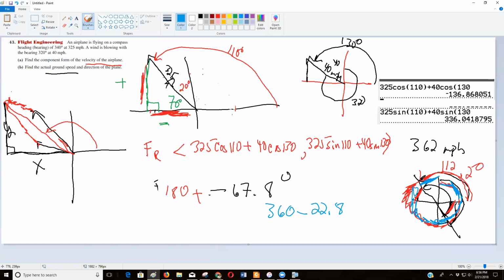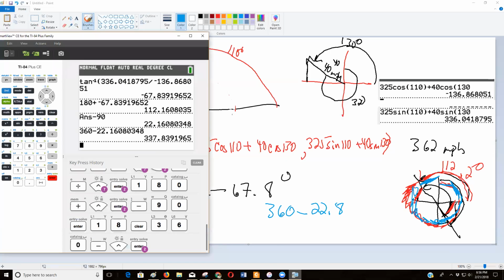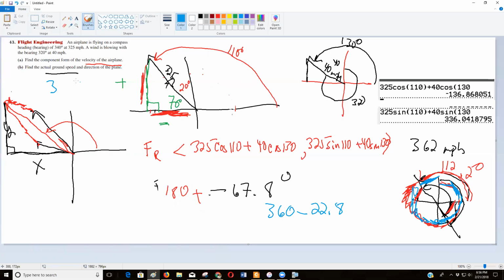They aren't telling us to do it in degrees, minutes, seconds. At a speed of, what did I say the speed was? 362 miles per hour. Okay, so that's how you do this kind of problem.